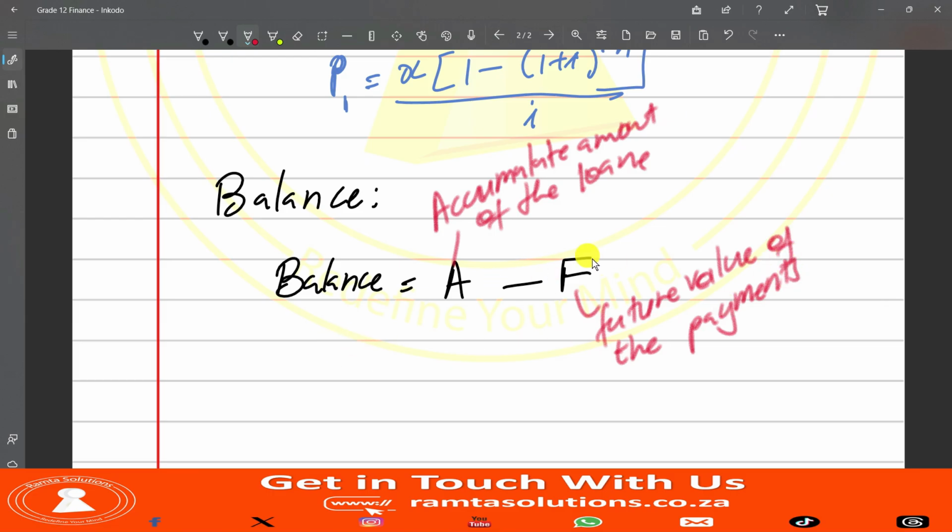If you can get this, you are good to go. All right, so you know the future value formula. We used it. Accumulated is the one that you've been doing from grade 10.